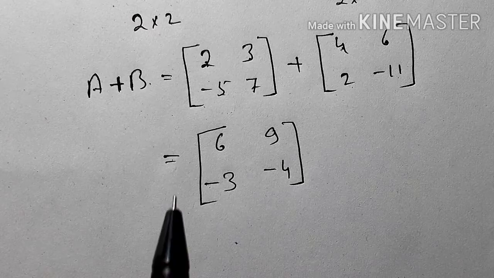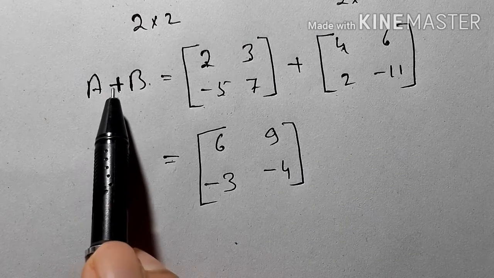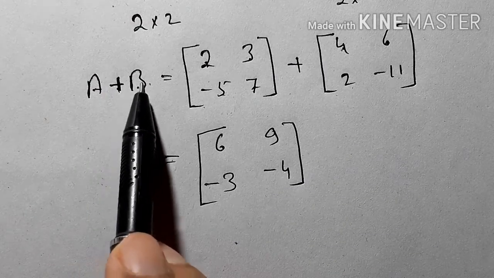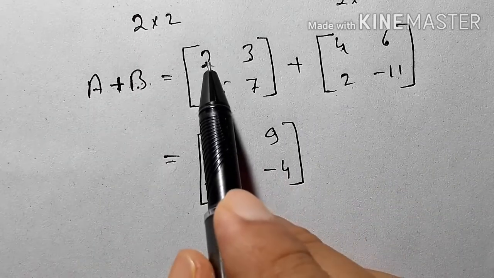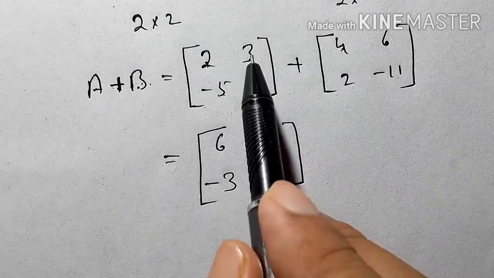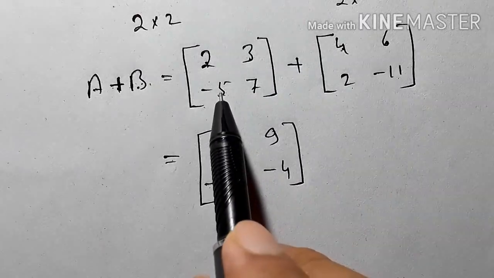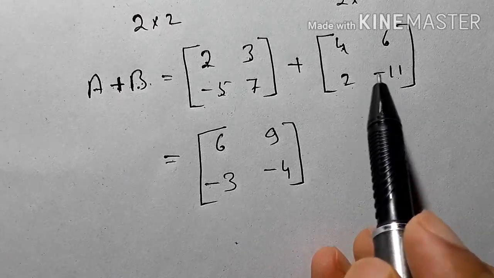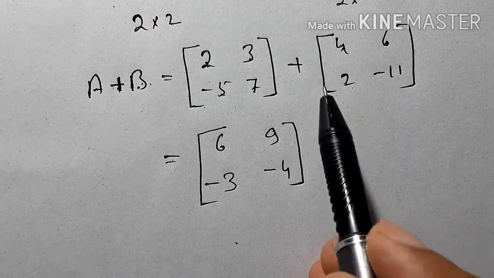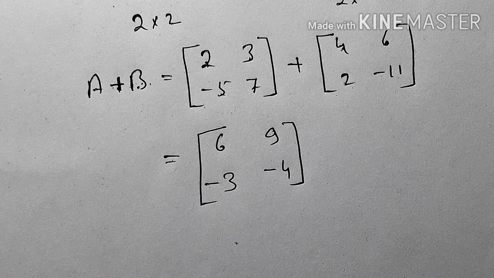When I subtract B from A, that is A minus B, then 2 minus 4, 3 minus 6, minus 5 minus 2, 7 minus 11. This is how we can subtract matrices also.